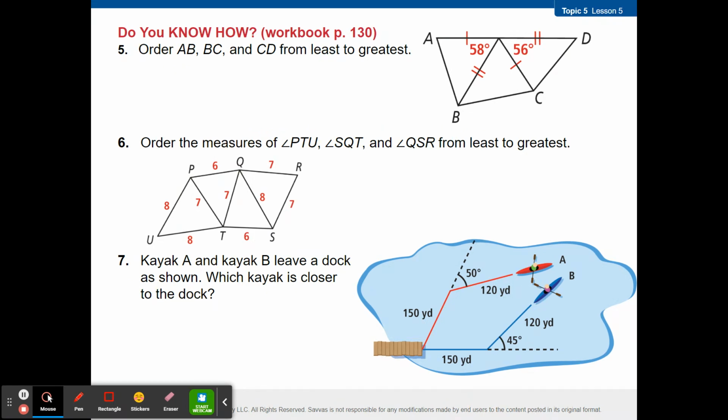I haven't used the calculator for 2 minutes. So BC is big still. So if it goes CB, AB, BC. Yeah. Order the measurements. Oh. So.